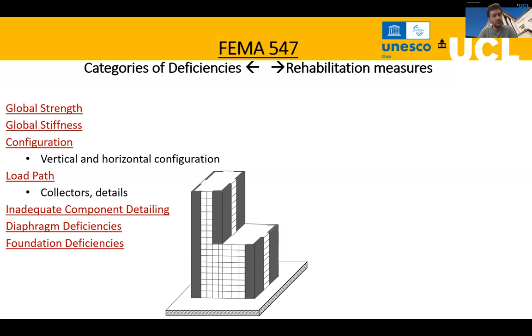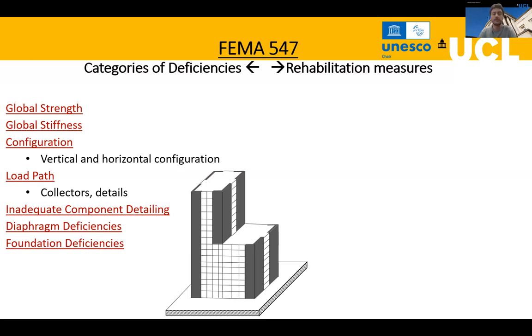But there are many other problems, such as configuration. Some buildings with vertical or horizontal configuration that induce some type of torsional movements can make the structure more vulnerable than it really is. In addition, there are other problems, such as load paths.